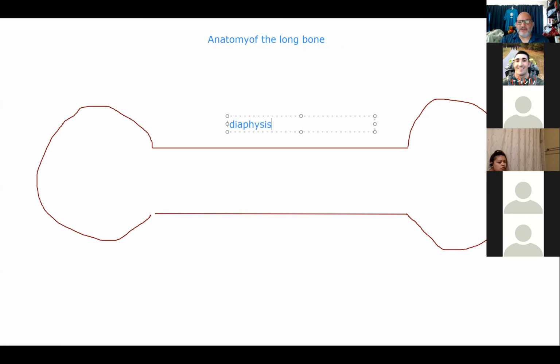And because I don't think it's been said yet, what is the appropriate term for the enlarged head regions of the long bone? This is the part where you respond. There you go, epiphysis. Excellent. So epiphysis, singular, is, epiphyses, es is the plural.